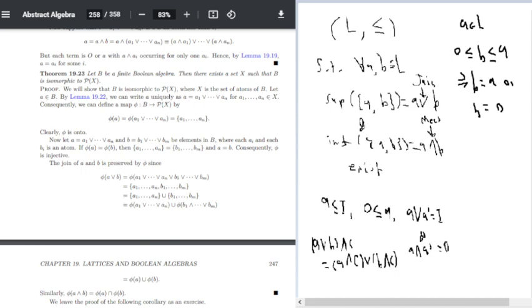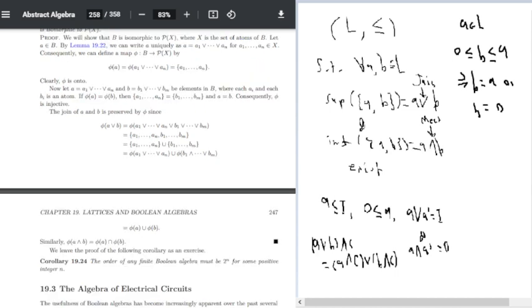The join of A and B is preserved by phi, since phi of A join B is equal to phi of A1 join all the way to join An, join B1 join all the way to Bm, which is equal to A1 all the way to An, B1 all the way to Bm as sets. Then the set A1 to An union B1 all the way to Bm is equal to phi of A1 join all the way to An union phi of B1 join all the way to Bm.